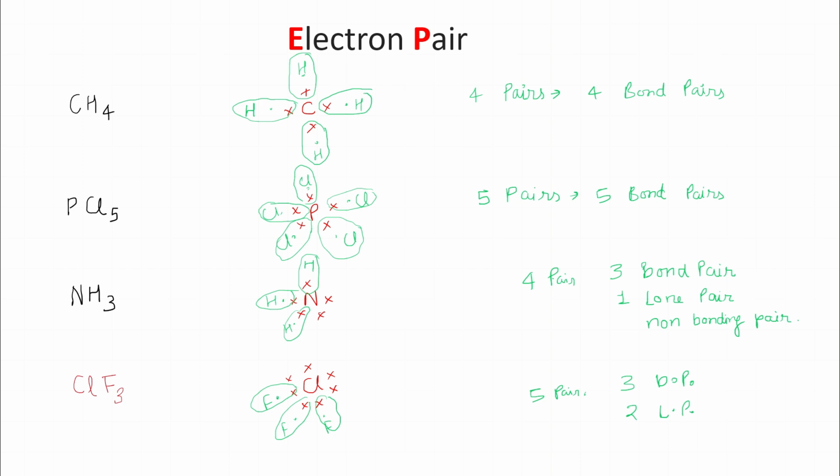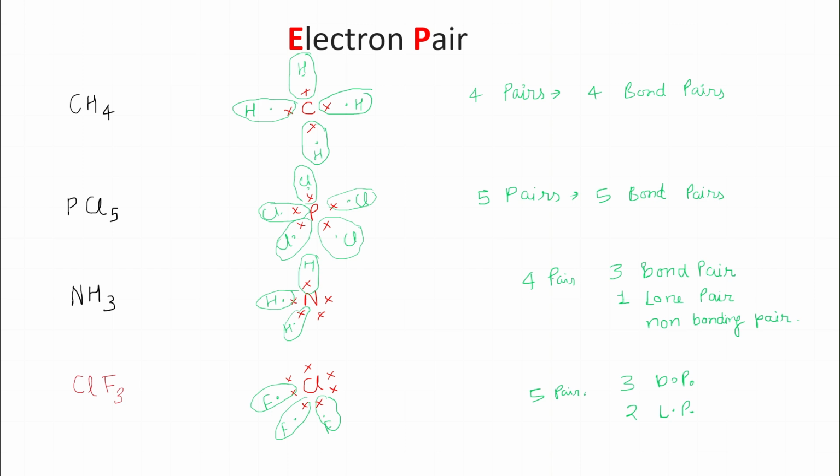Now, picture their valence shell again. They have these electron pairs around them. So electrons are nothing but negatively charged clouds. This cloud is called an electron orbit. So these orbits, these 4 or 5 pairs, they have similar energy, like the same poles of magnets.